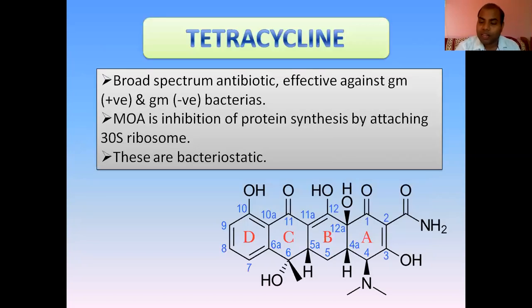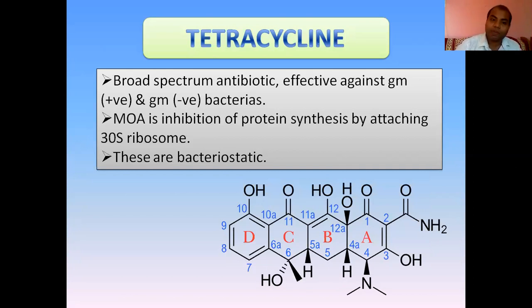So the next antibiotic that comes under this class is very useful and very common. You have heard about tetracycline. Tetra means four, cyclic means cyclic structure. So if you see the structure, it has four cyclic structures that are classified as A, B, C, D. That's why it is named tetracycline.